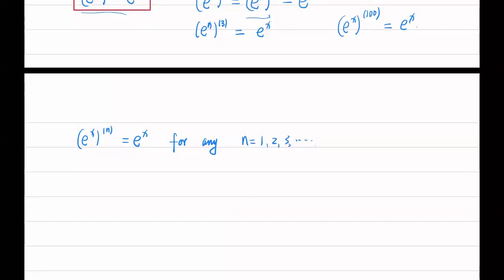Okay, so we mentioned that this natural exponential function is one of the class of exponential functions. In particular, 2 to the x. What's the derivative of this 2 to the x?